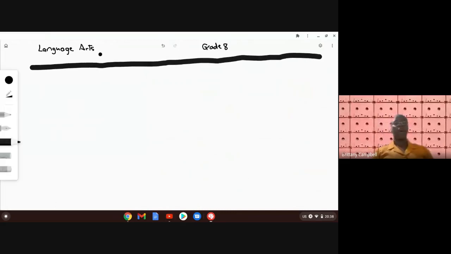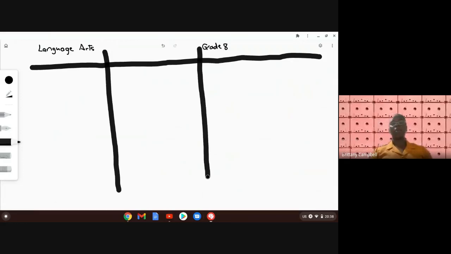As I am drawing the chart, I want you to think about metaphors. We're looking at metaphors. So go ahead and think about it. What do you know about it? What do you want to know? We're dealing with our KWL chart, and we are focusing on metaphors.